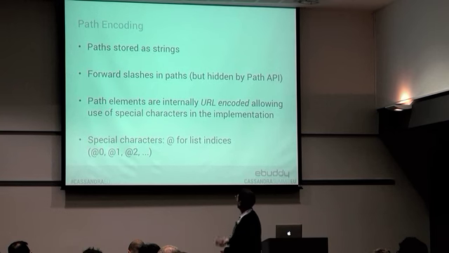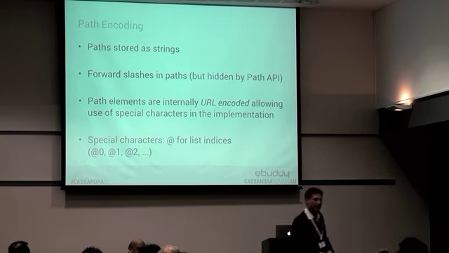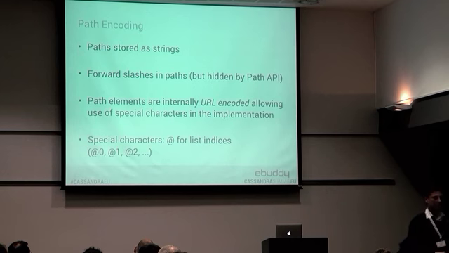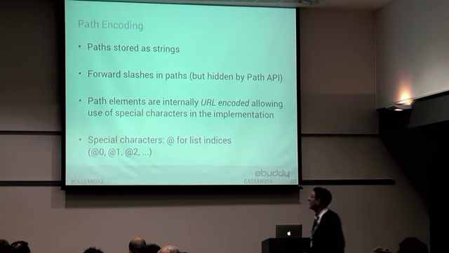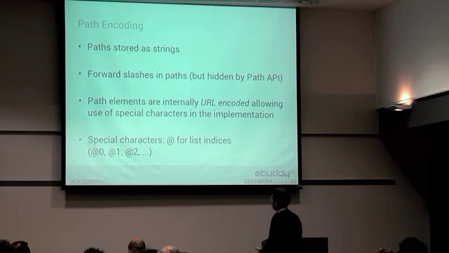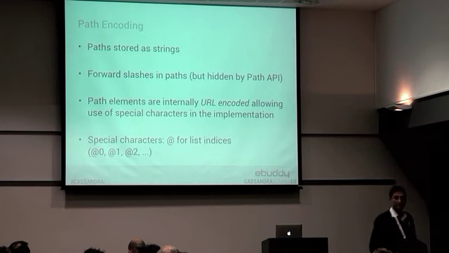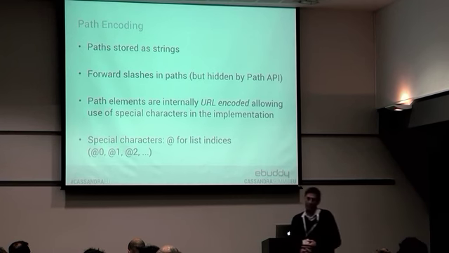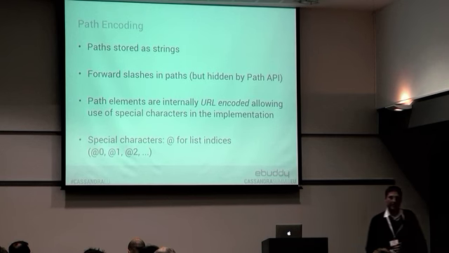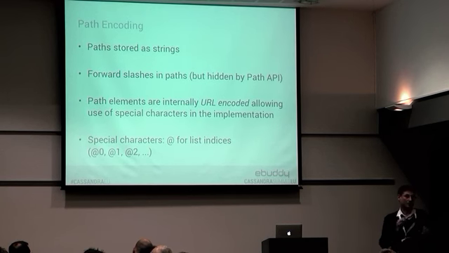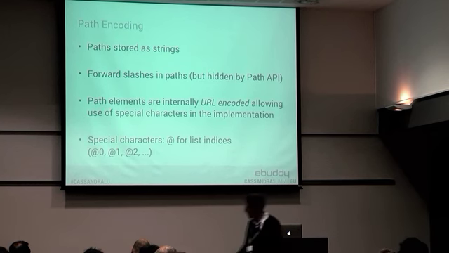The path elements are internally URL encoded so that we can use some special characters that are used internally by the library. For example, the @ symbol is used for list indexes. The Path API also allows you to specify a list index in your path, so it is possible to read and write to individual list elements using the library.